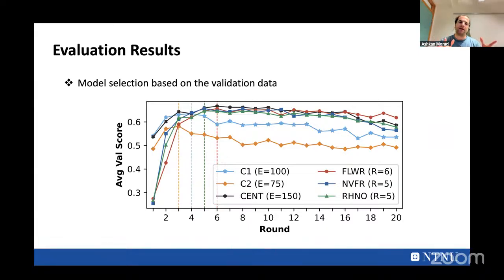Based on this validation score, we picked the best models and evaluated them on the two test sets that we had: one was the in-house test set, and the other was the data from the third client from the previous experiment.